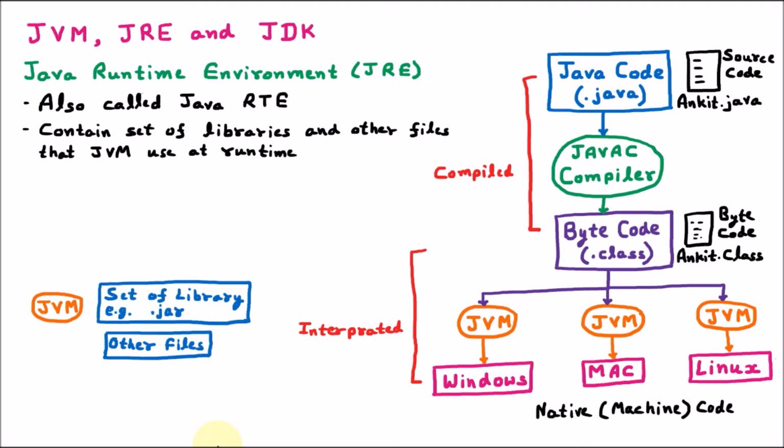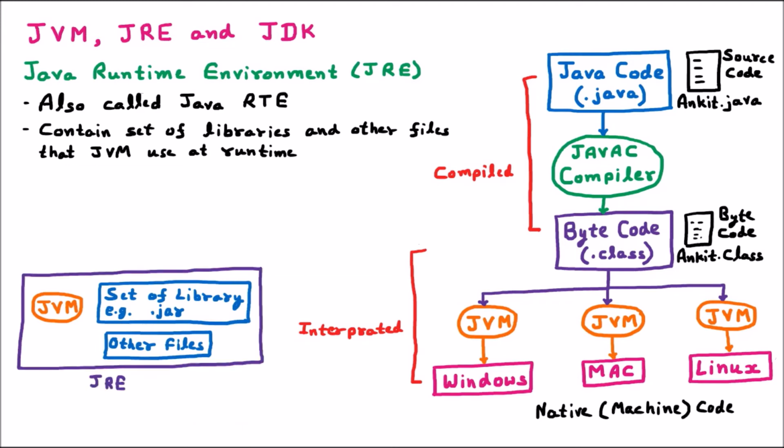Jar means J for Java, AR for archive. So Java archive files and some other files are provided by the JRE so that the JVM can work at runtime. Combined, this is called JRE, meaning Java Runtime Environment.